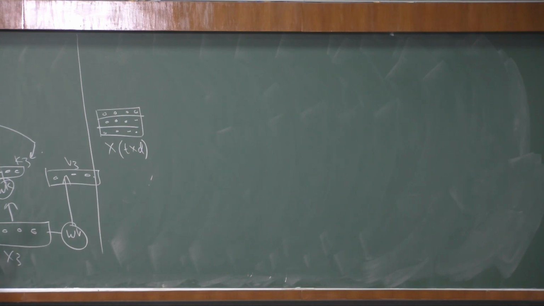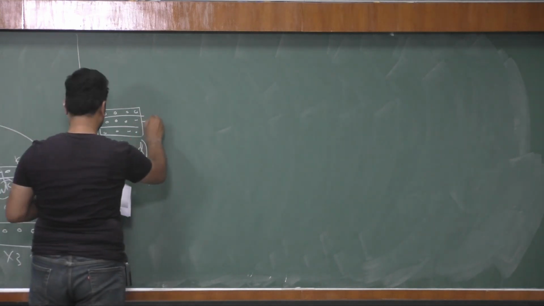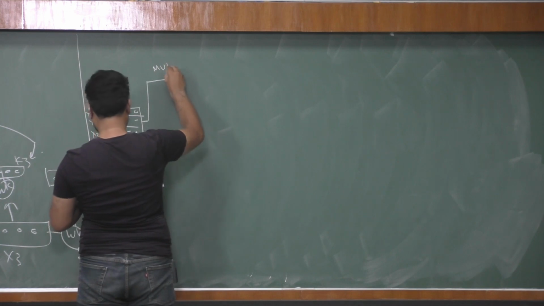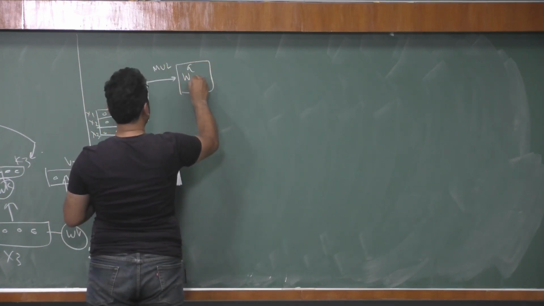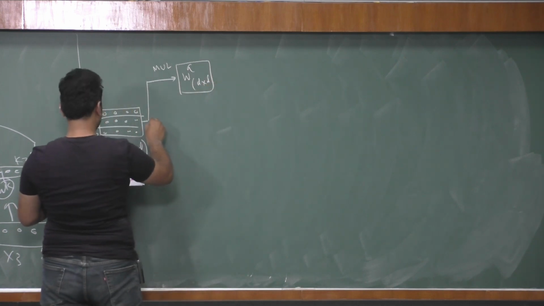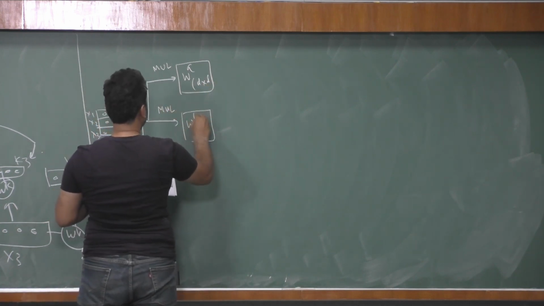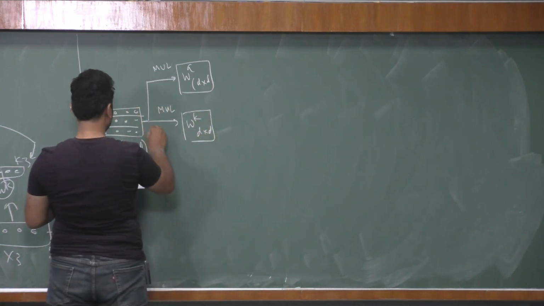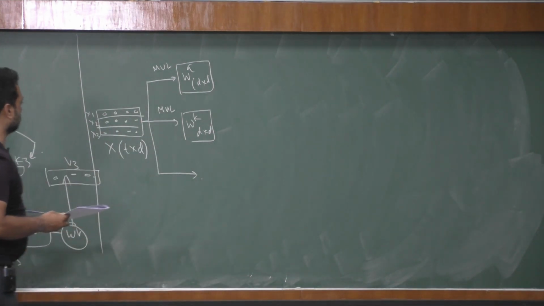This means the first row is X1, the second row is X2, the third row is X3, and then I multiply with the weight matrix WQ, which is of the form d by d, and then I multiply with the matrix WK, which is of the form d by d, and then I multiply.